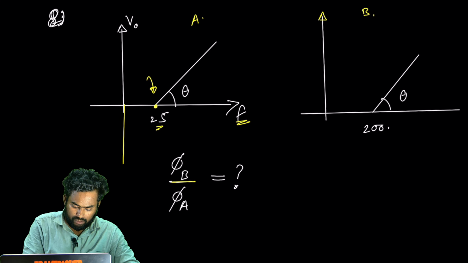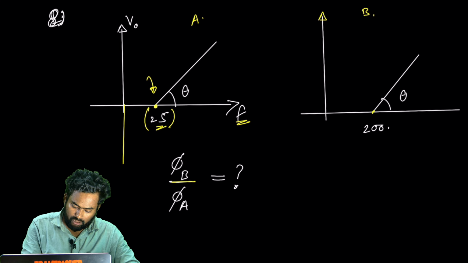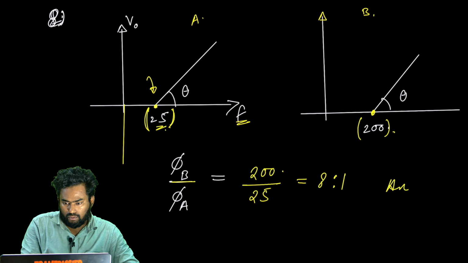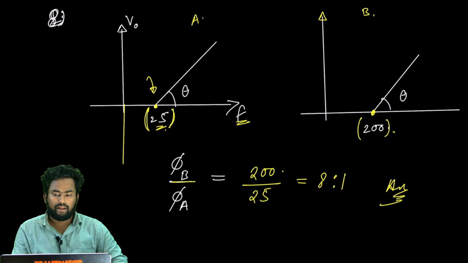So that will be the threshold frequency for this one, and the threshold frequency for B. So phi B is given as h into f. So its frequency will be 200 upon 25. The answer will be 8 is to 1. Simple answer. Clear?